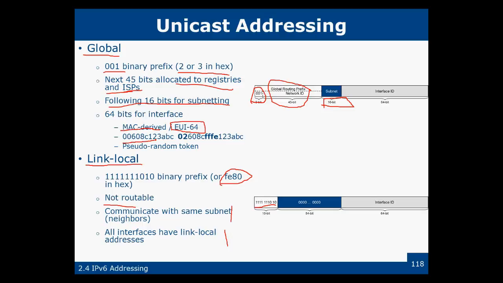So if we have this MAC address, we flip the UL bit here and we get a 02 from it, and then we take the first half of the MAC address, flip it, and then put an FFFE in the middle, followed by the second half of the MAC address, and we get the number of bits that we need in order to have a self-constructed IPv6 address.